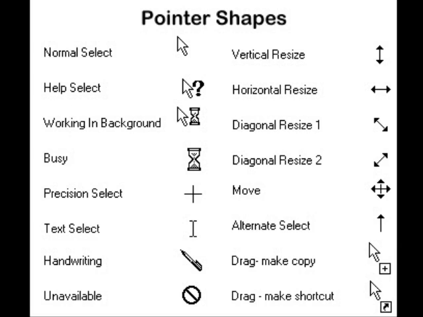You have also your move pointer, where it allows you to move a certain object from one point to the next. All of these will show you an indicator of what function you have available to you. Take your time, and you can look at the pointer chart, and if you have any questions, let me know.